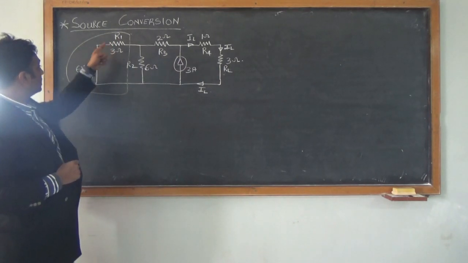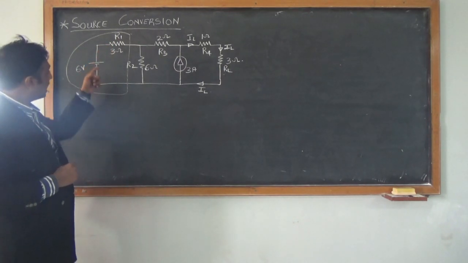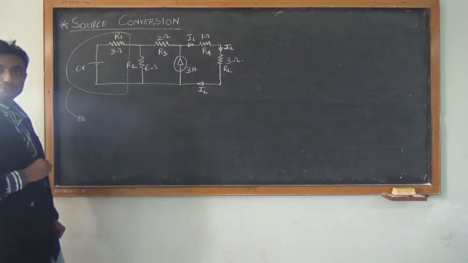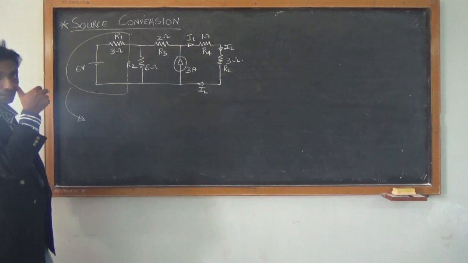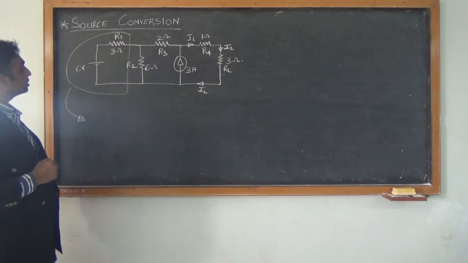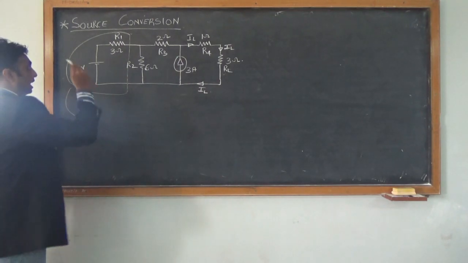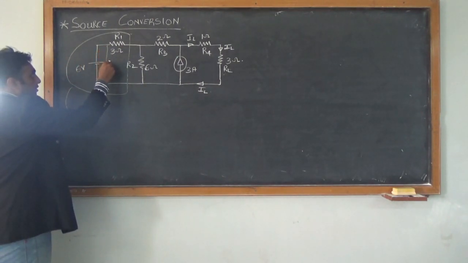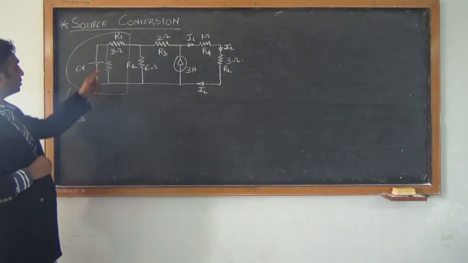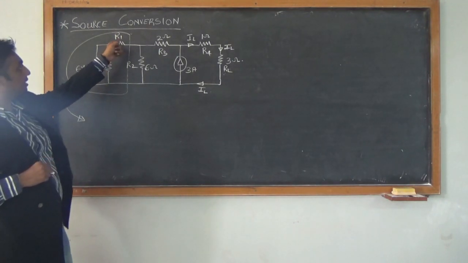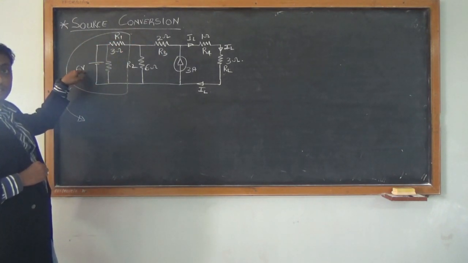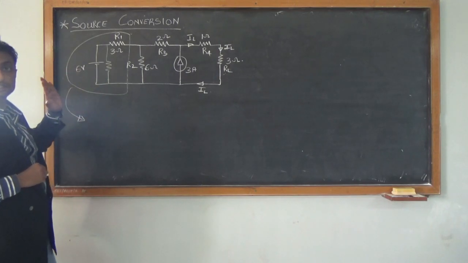So if the resistor is in series with the voltage source, I can definitely convert it to a current source through voltage source to current source conversion. But if, as I told you earlier, there was one resistor connected here and then another resistor and so on, then you could not convert this voltage source to a current source.